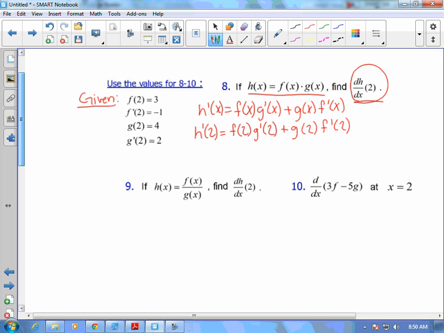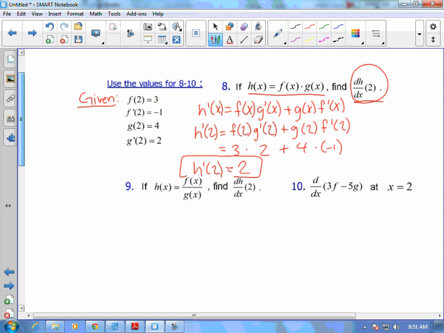What's f of 2? 3 times g prime of 2, which is 2, plus g of 2, 4, times f prime of 2, negative 1. I'd put that in parentheses so I don't confuse it with subtraction. Evaluating h prime at 2, I get 6 minus 4, which is 2.